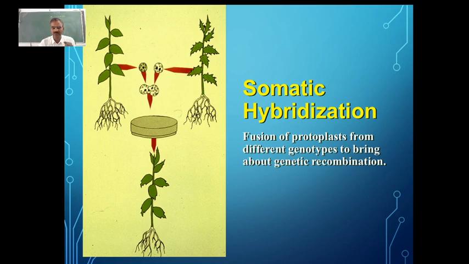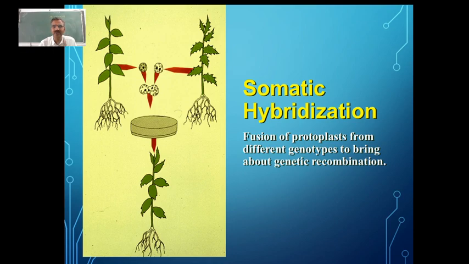For that, we go for a method called somatic hybridization. Just like the breeding, here the somatic hybridization refers to the fusion of the protoplasts of two different species of plants to get a new plant. Fusion of protoplasts from different genotypes to bring about genetic recombination is what we call somatic hybridization.